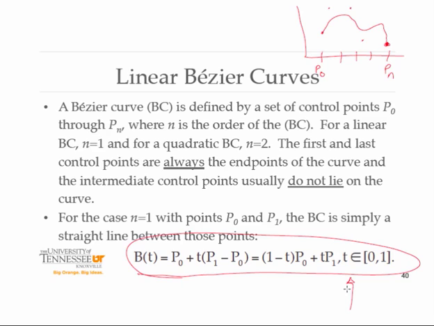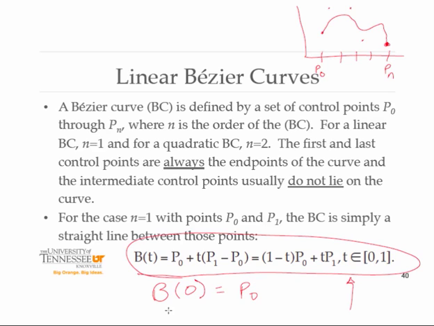And so if you look at the form here, as we've reduced it to this form, 1 minus t times P0 plus t times P1, you can quickly see that if you were to plug 0 into the Bezier curve, then you're going to get P0 back, which means that's where you would start.